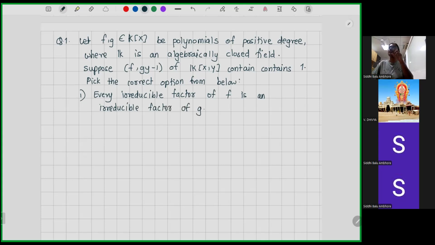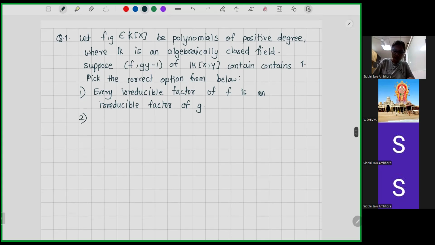So f and g are polynomials in k[x]. k[x] is a PID, and we can factorize a polynomial here into irreducible terms. So they are saying that every irreducible factor of f is an irreducible factor of g. G might have some extra irreducible factors, but they say that the irreducible factors of f are at least there in the irreducible factors of g.